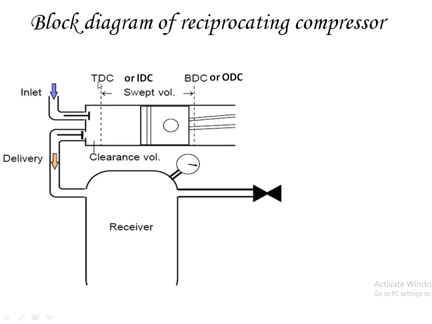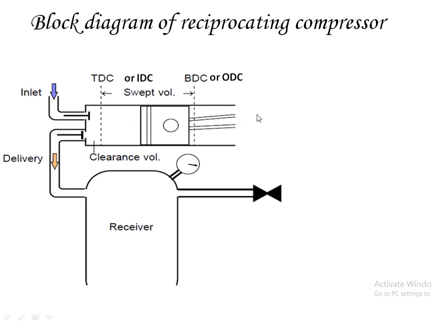So when the piston moves from the inner dead center or top dead center to the outer dead center, it displaces the volume, right? At that time, the inlet valve will be open, so the pressure inside the cylinder will be reduced, therefore it will suck air from the outside. So the outside air will gush into the cylinder and occupy this volume.